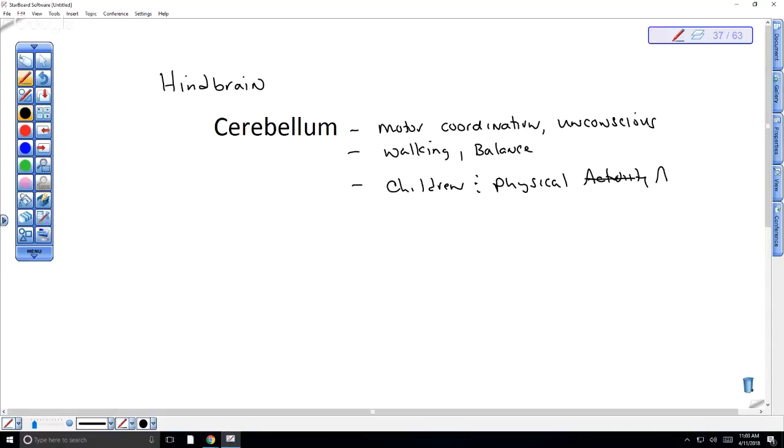They have the desire to move their body probably more than we do as adults. And that desire to move the body is probably because they're trying to develop their cerebellum. So there are ingrained, innate behaviors like wanting to get up and walk, wanting to crawl, right?